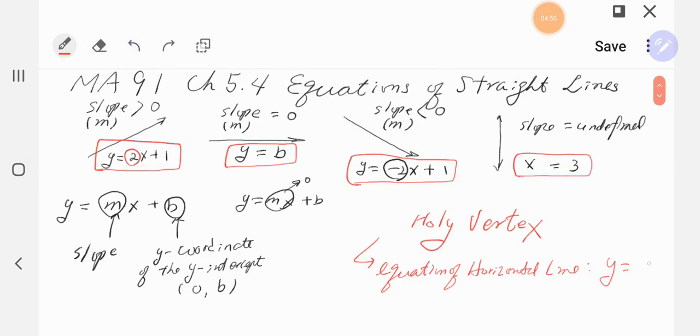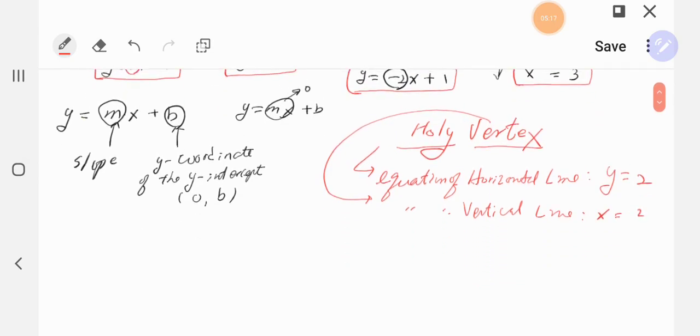And "vertex" means the equation of a vertical line, that is x equals the x value, something like that.